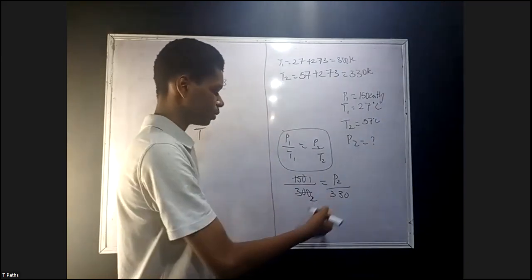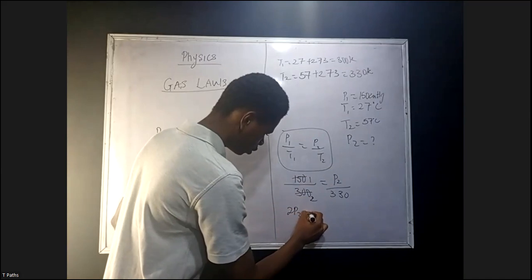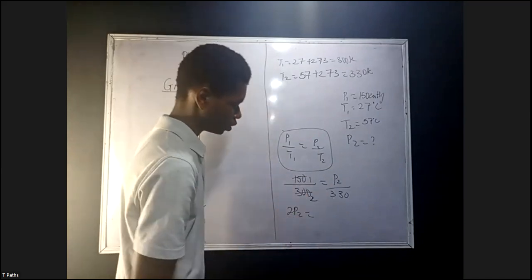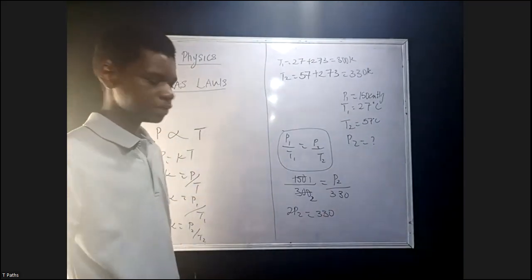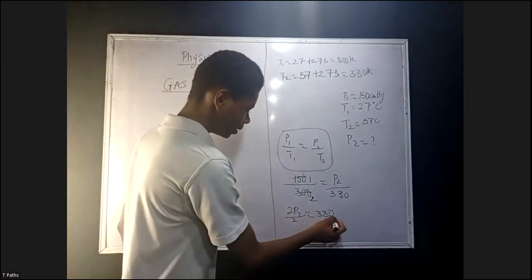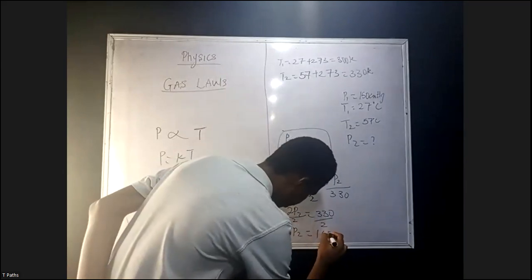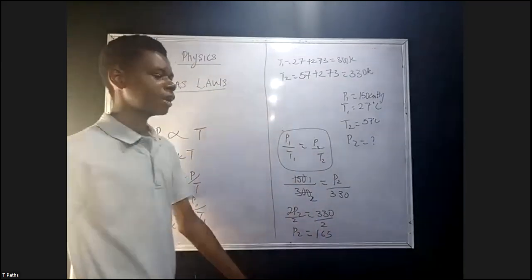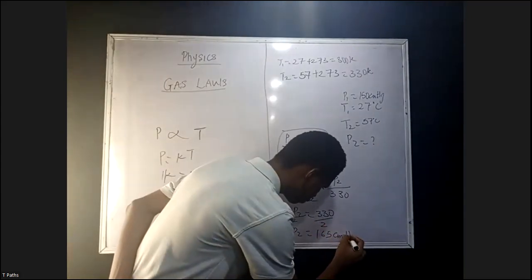And from here, I can cross multiply. 2 times P2 gives 2 P2 is equal to 330 times 1, which is 330. Now to find the value of my P2, I'm simply going to divide through by 2. P2 is equal to 165. Now I'm going to add my unit, the unit of pressure, which is centimeter mercury.